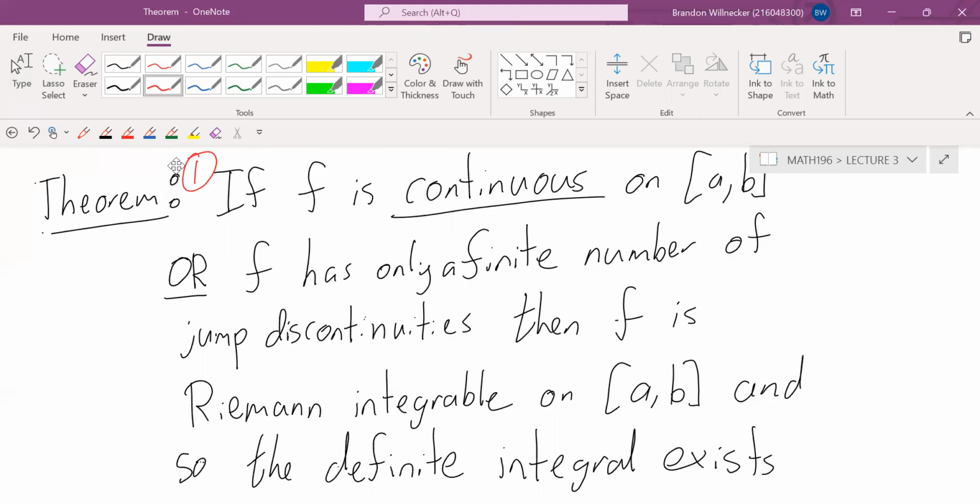That's awesome. Or there's a second thing. f has only a finite number of jump discontinuities. Okay, so what does that mean? Let's take a look at an example of a function with a jump discontinuity.